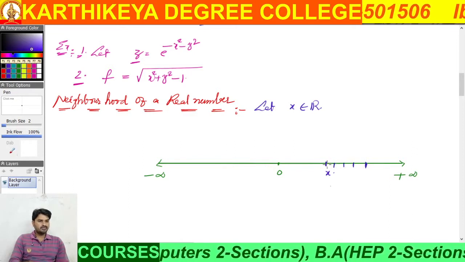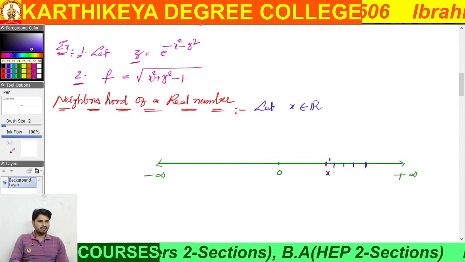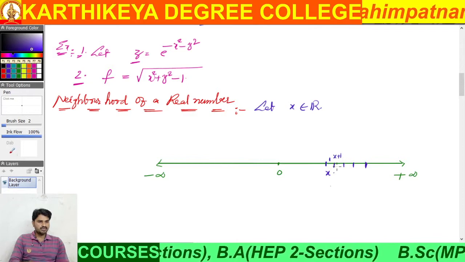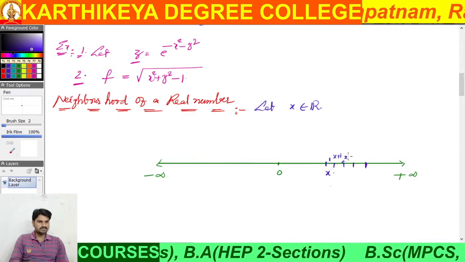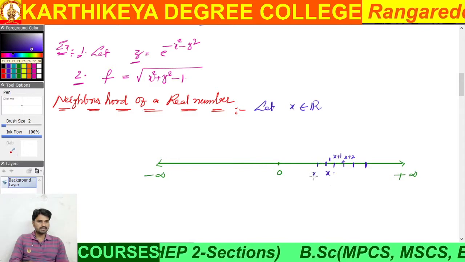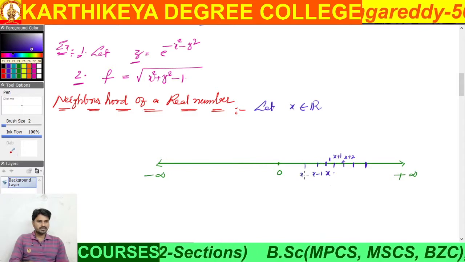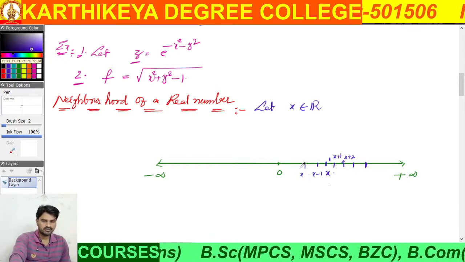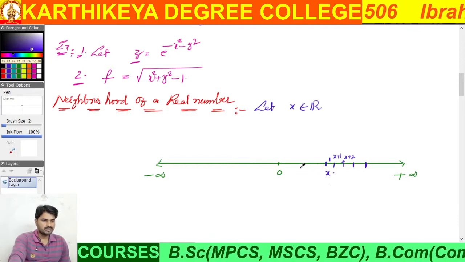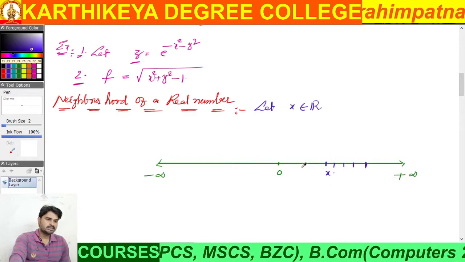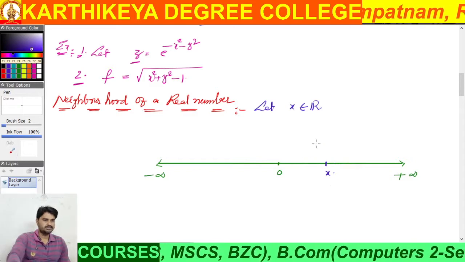If you take the neighbor at 1 unit distance, the neighbor is x plus 1. If you take 2 unit distance, it is x plus 2. In the same way, if you go in the left hand side direction, this is x minus 1, x minus 2. They all are the neighbors of the number x. So the neighbors of x depend on some distance.